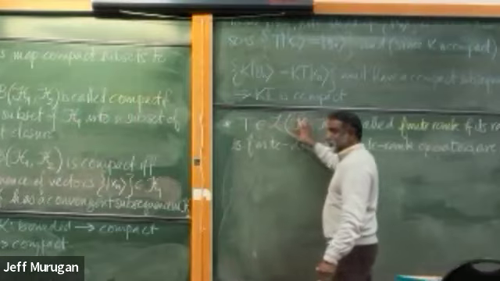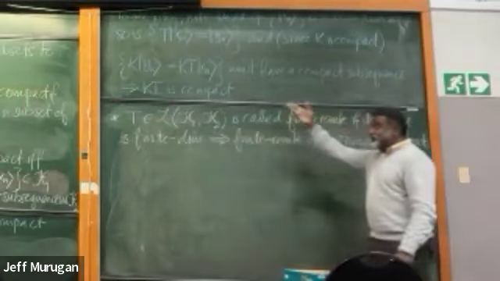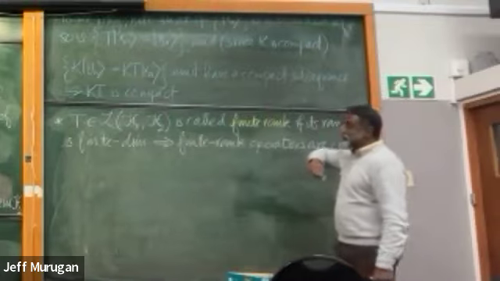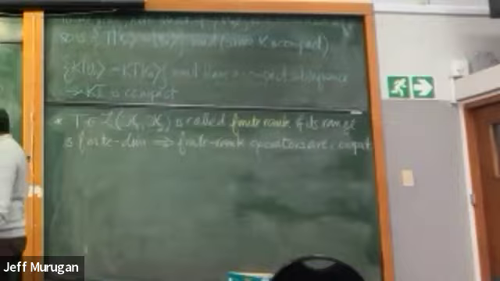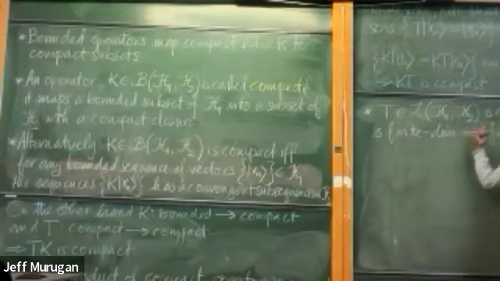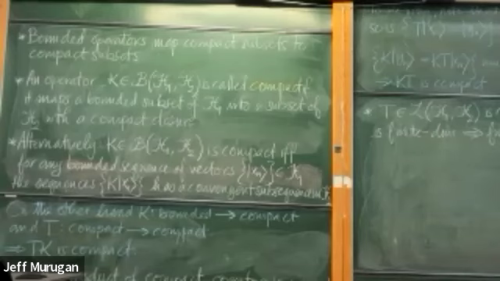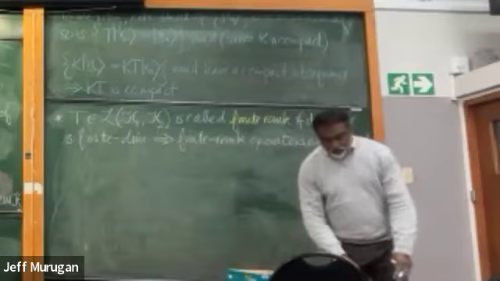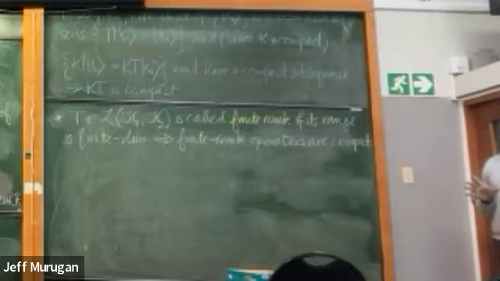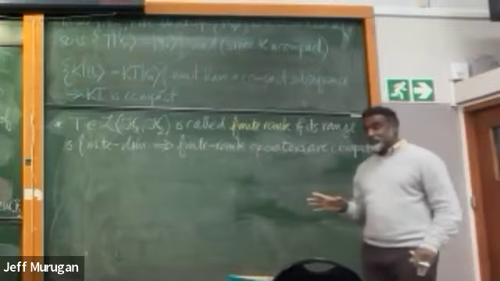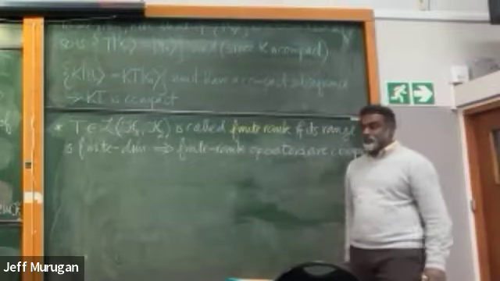So this guy is some bounded sequence in H1, and T will map this to some set of objects that have a convergent subsequence because it's a finite dimensional vector space. And hence, any finite rank operator is compact, but actually also any linear transformation of a finite dimensional vector space is finite rank and therefore is a compact operator.